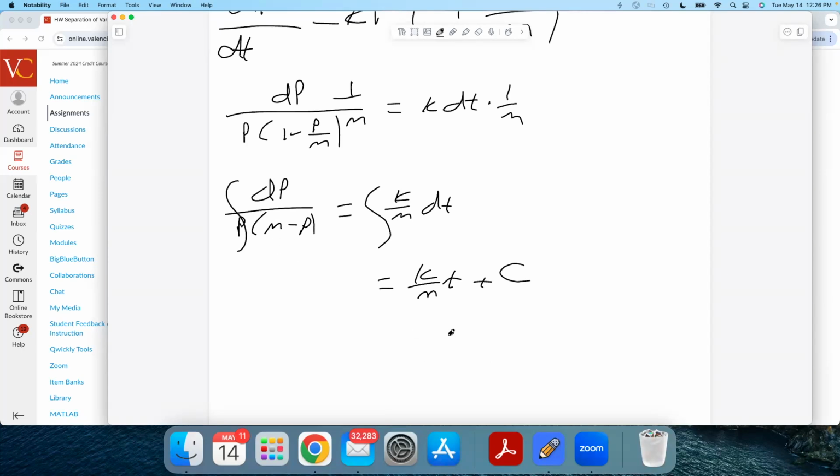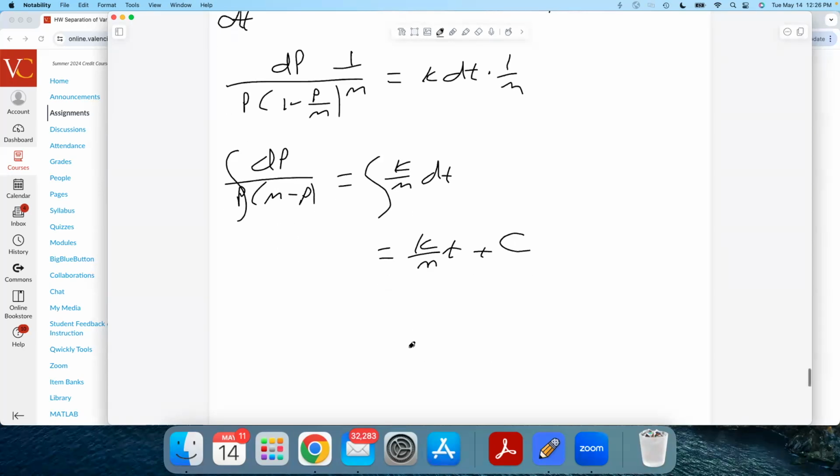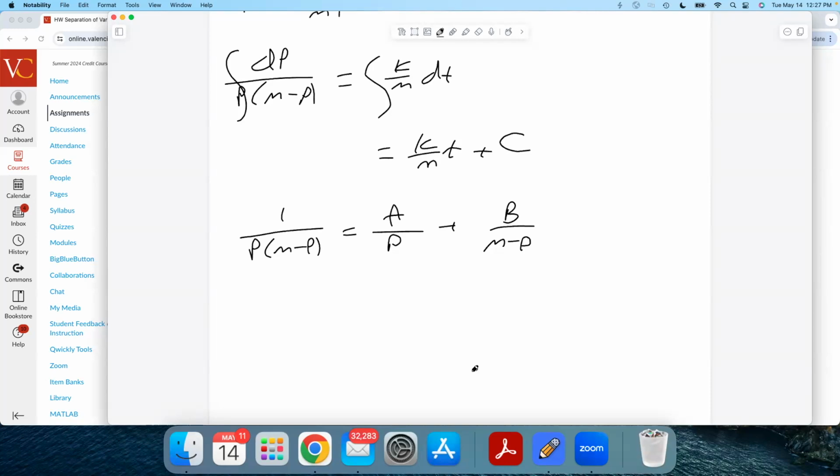Over here, I'm going to have to use partial fractions. So I've got this. I want to write that as some A over p plus some B over M minus p. So you saw partial fractions back in pre-calc.